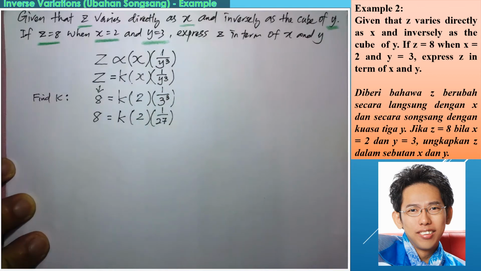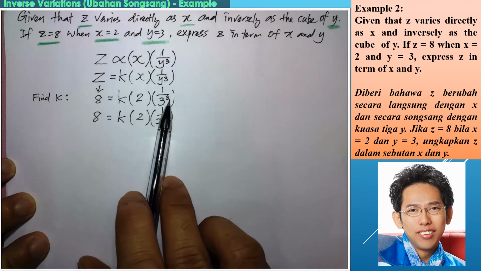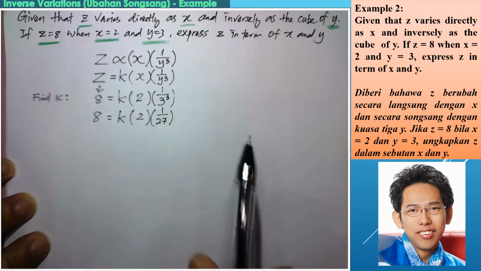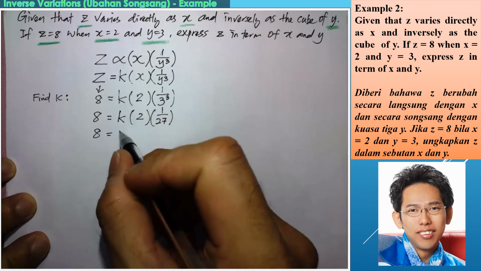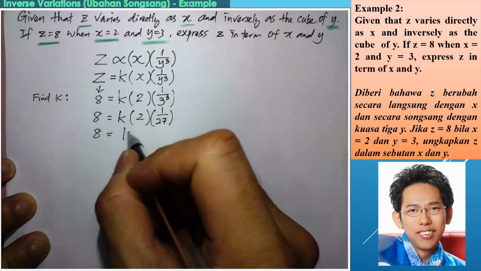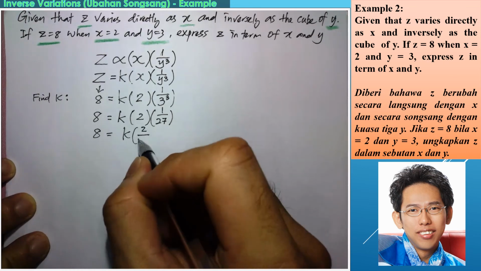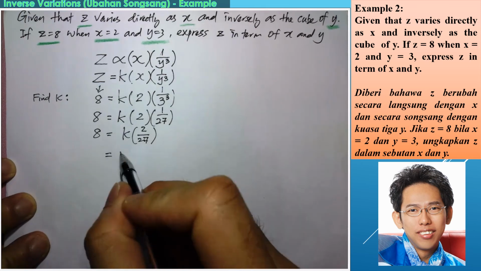Okay, so this one is 27. 3 power 3 is 27. Just use a calculator. Okay, slowly. 2 times, this one becomes 2 over 27. Okay, so now we want to find the K.